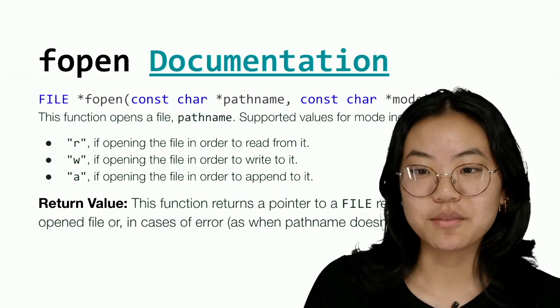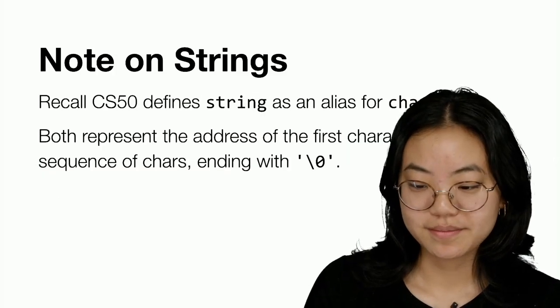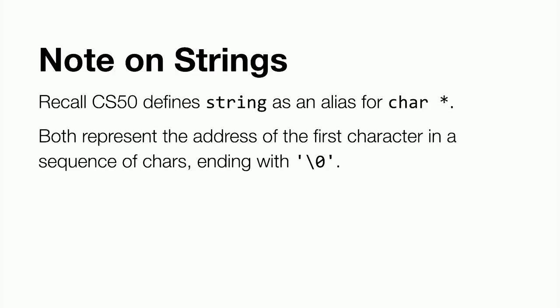So that's all helpful information to know here. Another note that we've already discussed a lot: string is actually just an alias for char *. These pointers, which we've been using for many weeks now, both represent the address of the first character in a sequence of characters ending with the null character.